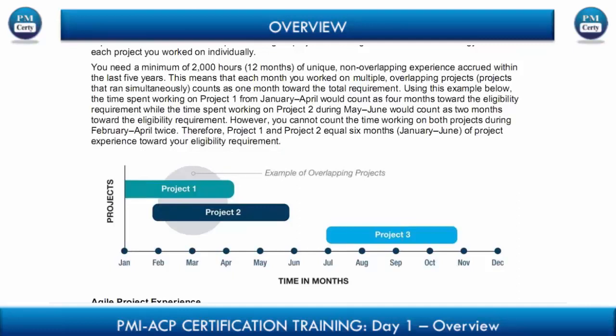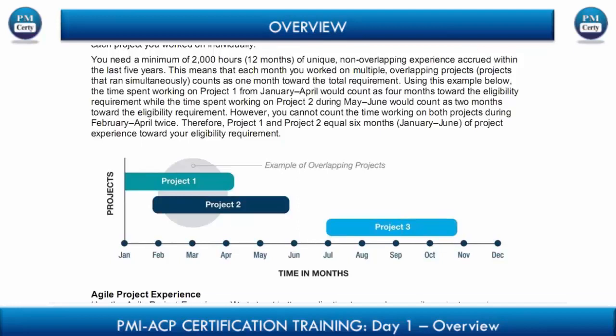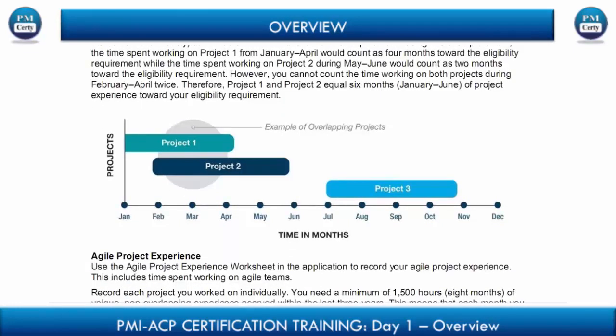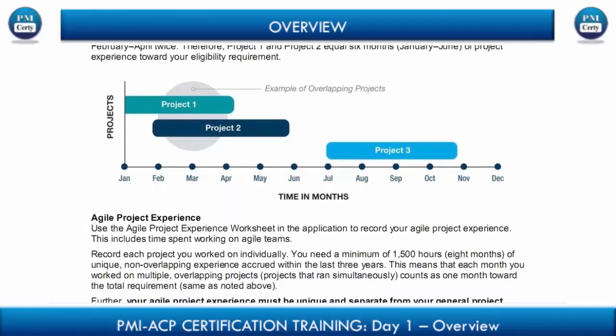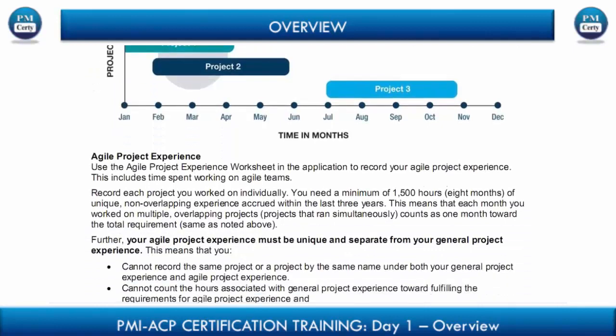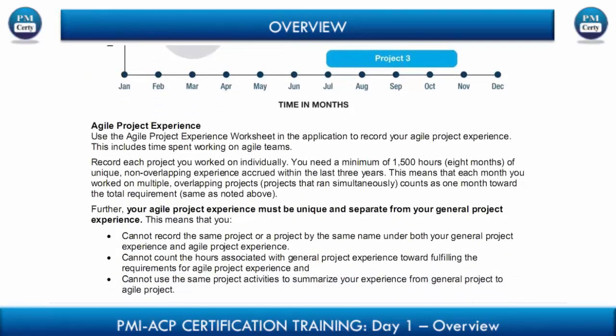Many people surprisingly trip up on this, and that's when they get audited. So be very careful if you're showing overlapping projects. Make sure you're showing the right amount of time in the load. Then you need to show your agile project experience of 1,500 hours, and it should be separate from your general project experience, so you can't combine the two.